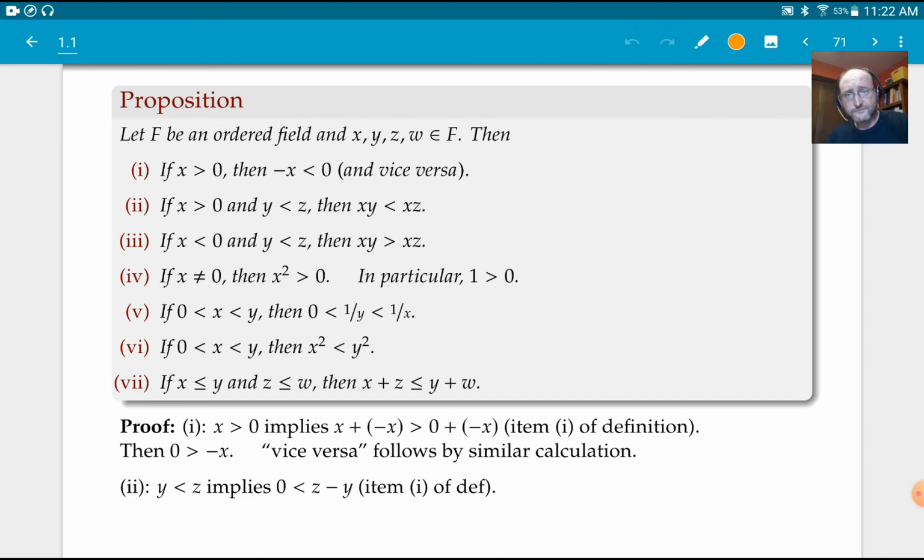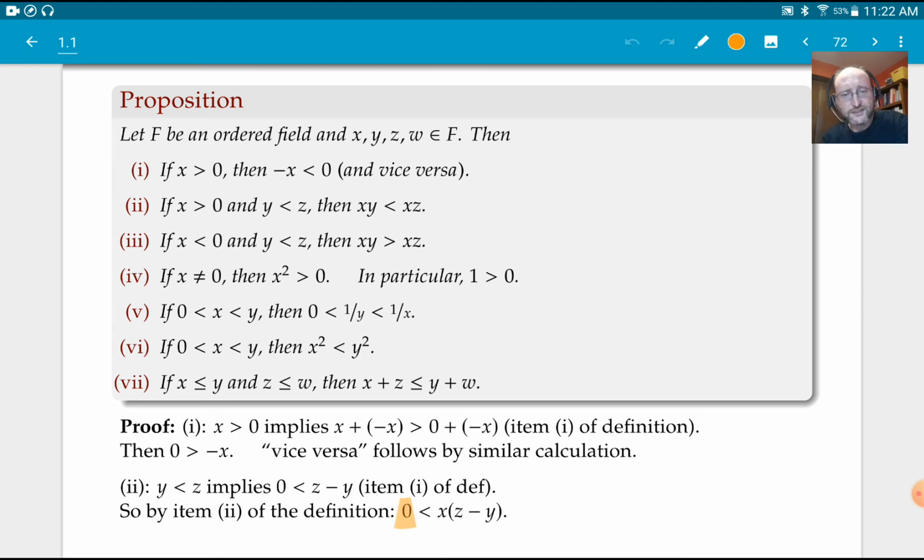All right, now, if I have y is less than z, I'm proving 2. Well, it's the same thing as 0 is less than z minus y. I can just add minus y to both sides. That's part 1 of the definition. And now I could multiply by x, because x is positive. That's again by definition, that should be positive.